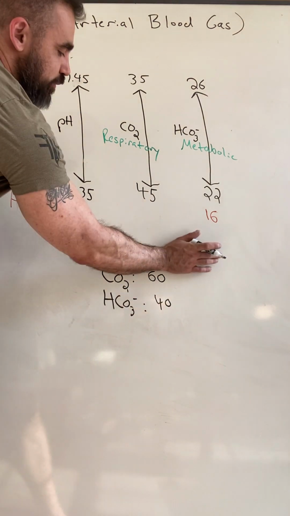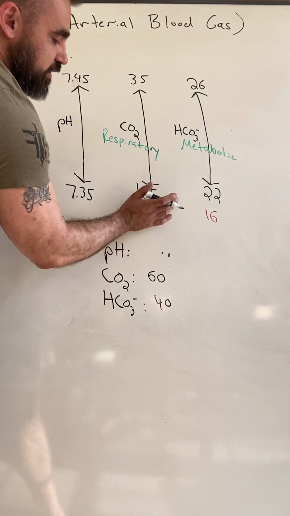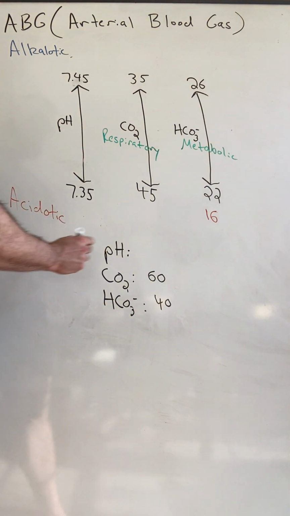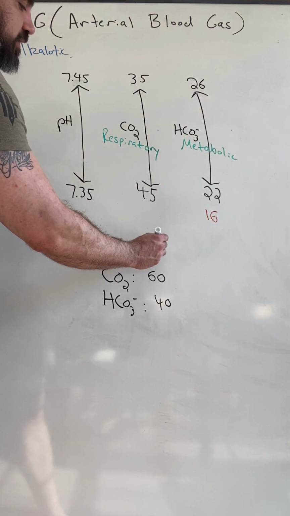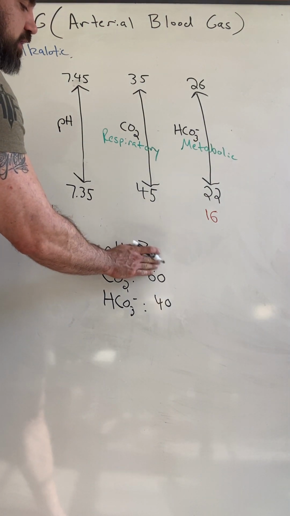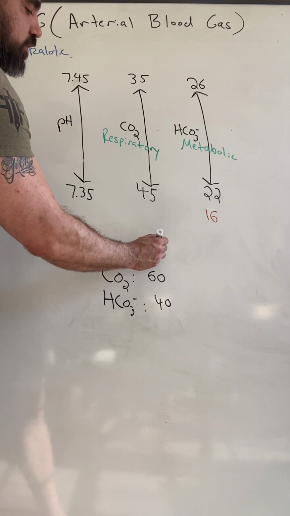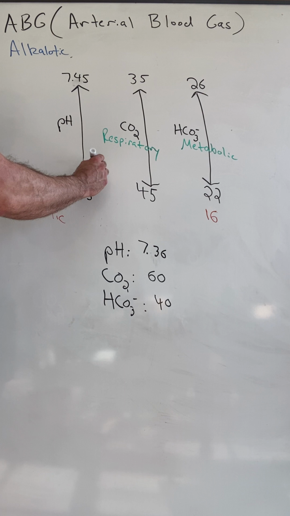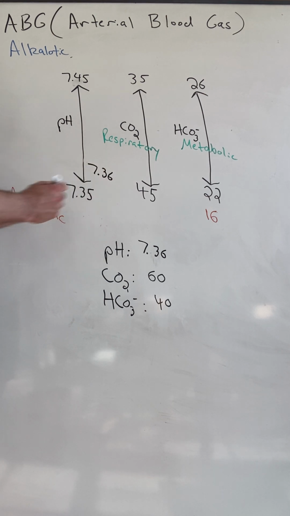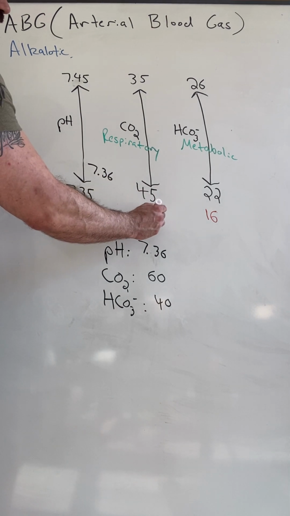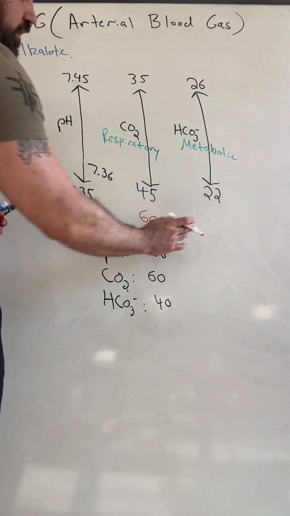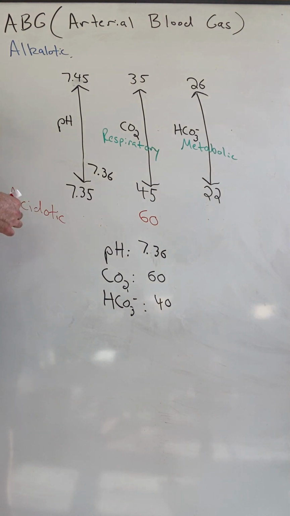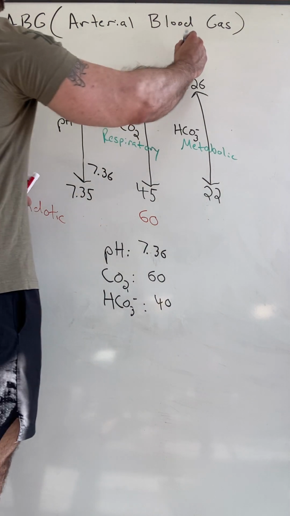Actually, let's say our pH is 7.36 again, okay? So our pH is normal, 7.36. Our CO2 is 60, so it's greater than 45, it's acidotic. And then our bicarb is 40, so it's very high.